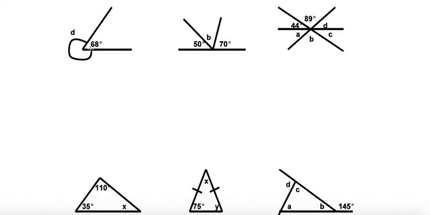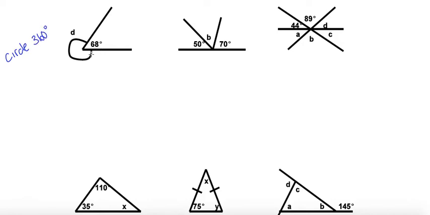All right. So D is what we call a reflex angle. A reflex angle is an angle that is larger than 180 degrees, but less than 360 degrees. I know that an entire circle is 360 degrees.